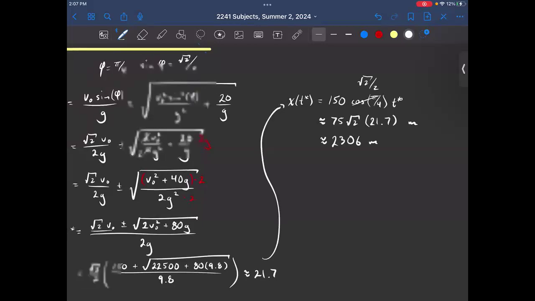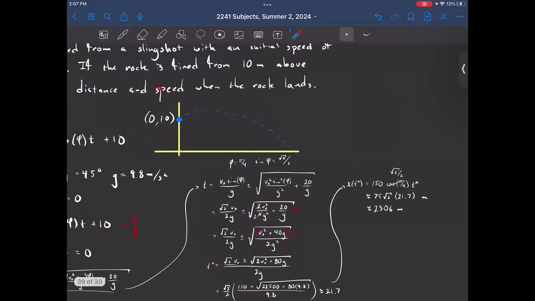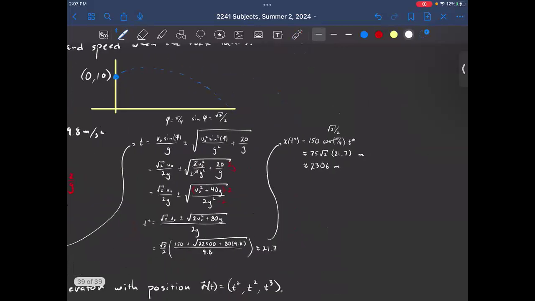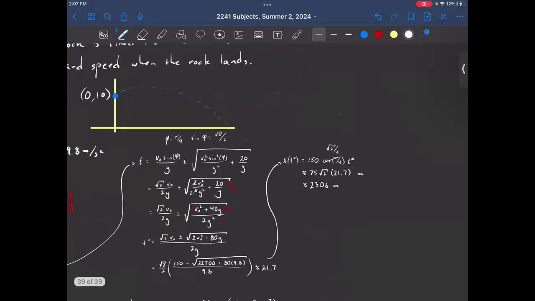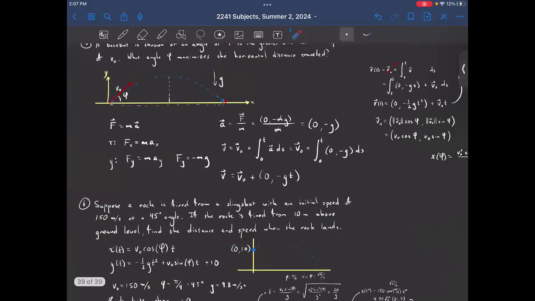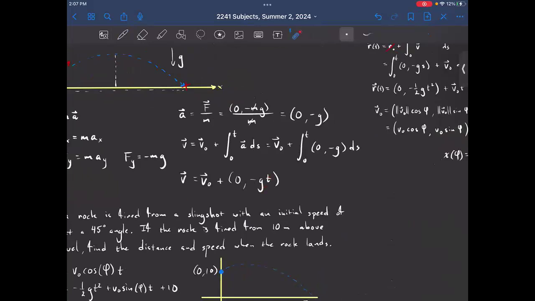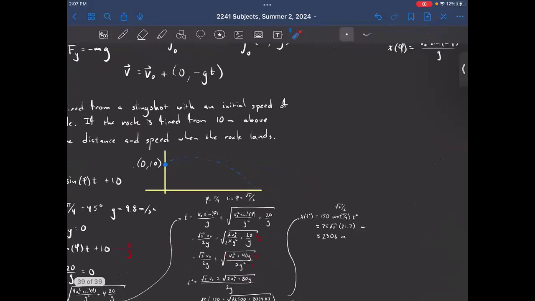Okay, so the last thing that we need is the speed when the rock lands. Okay, that comes from our speed function. So we have our parametric functions for position, but if you remember the last problem, we also have our parametric function for velocity. So we can write those down real quick.